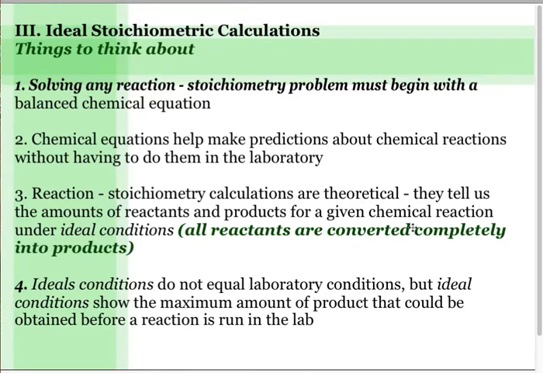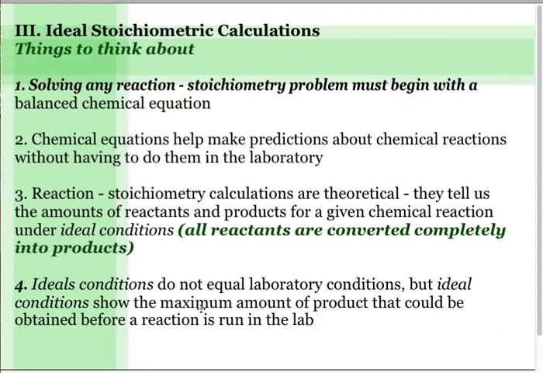So that's like if every single bit of reactant converts completely over to products. And that would be like ideal conditions, so like a perfect world. When you do a lab, that's not ideal conditions, so you're never going to really get 100%. But what the stoichiometry problem does is it shows you the maximum amount of product that you could get in a lab.